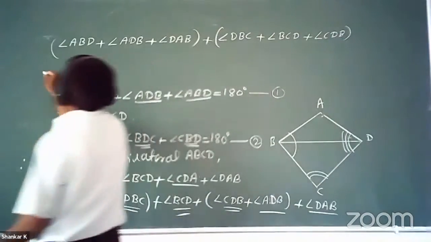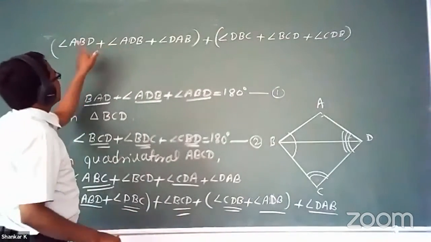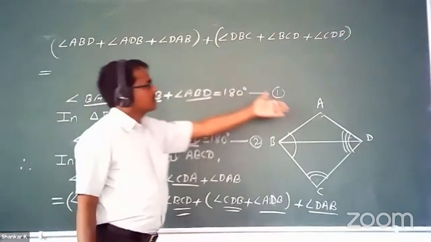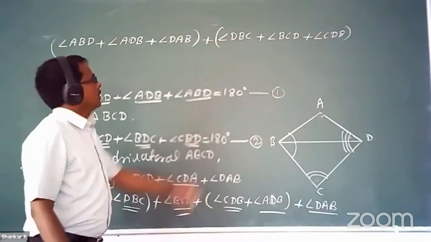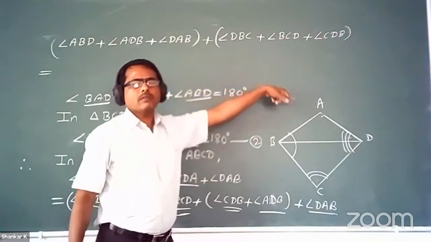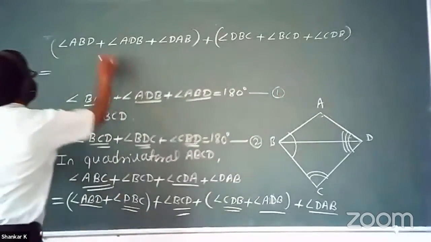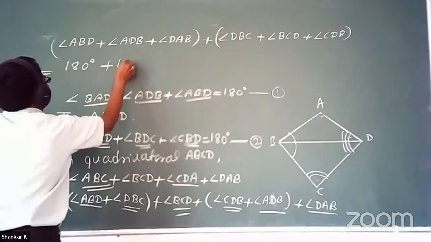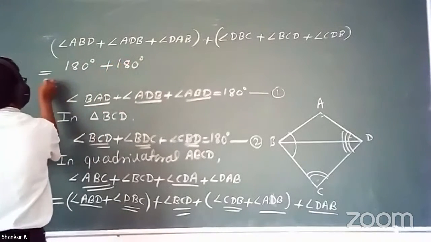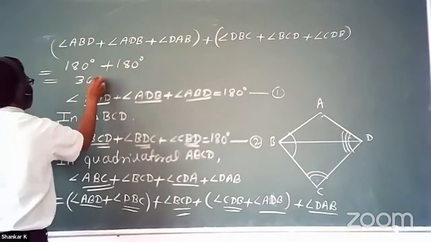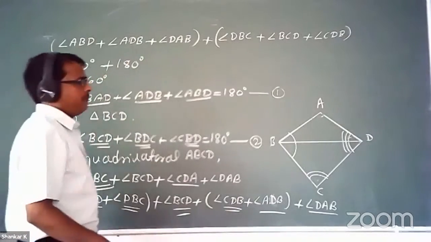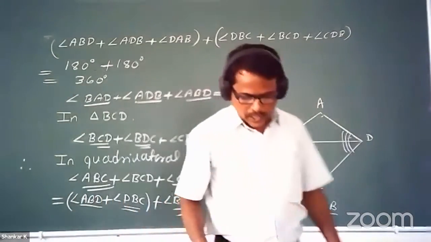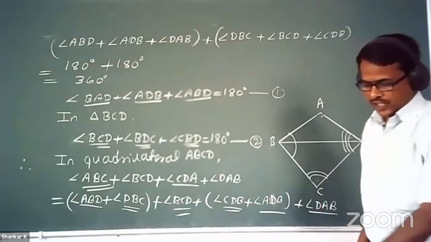These are the sum of angles of a triangle, and these are also the sum of angles of another triangle. So this is 180 degrees, that is also 180 degrees, 180 plus 180, 360 degrees. Okay, this is how we can prove sum of angles of any quadrilateral is 360 degrees.